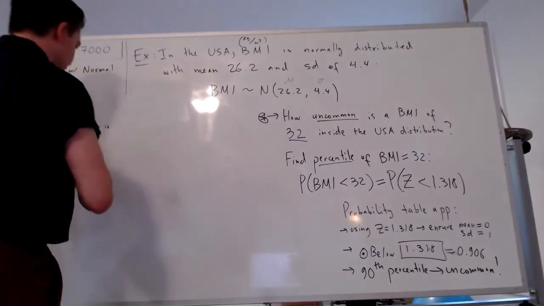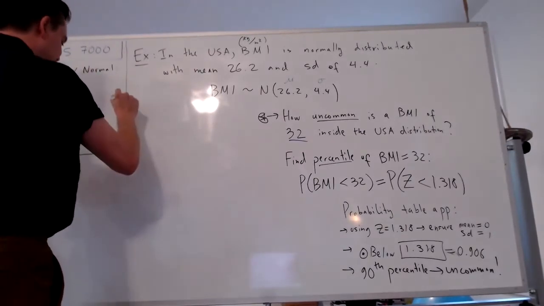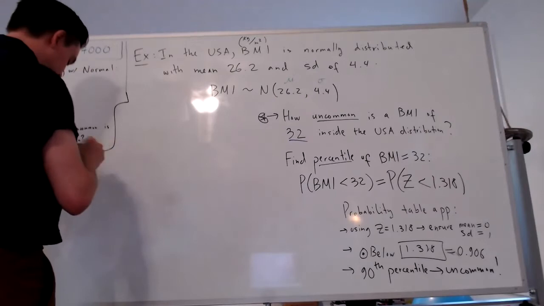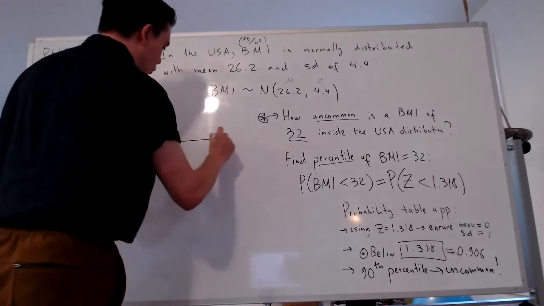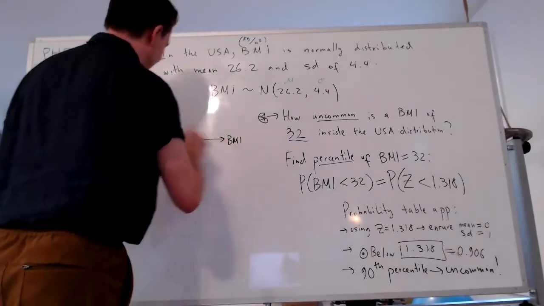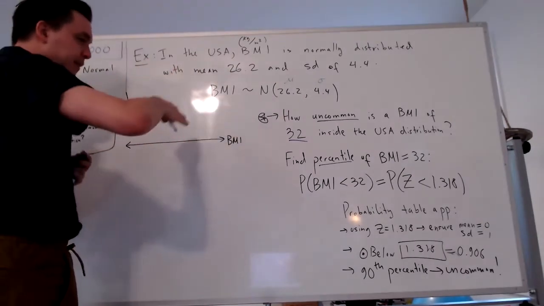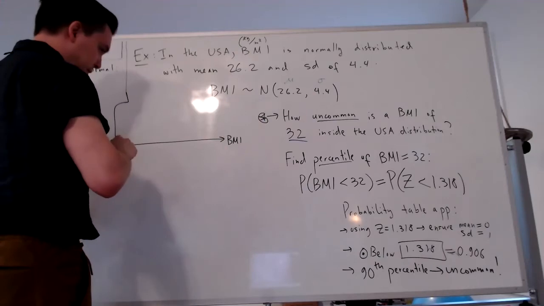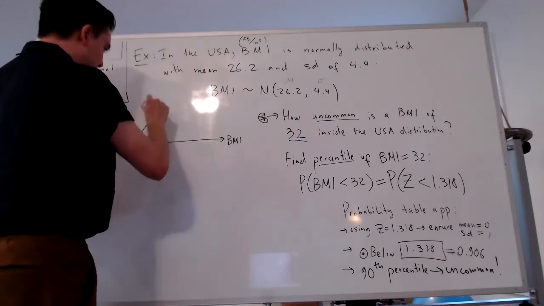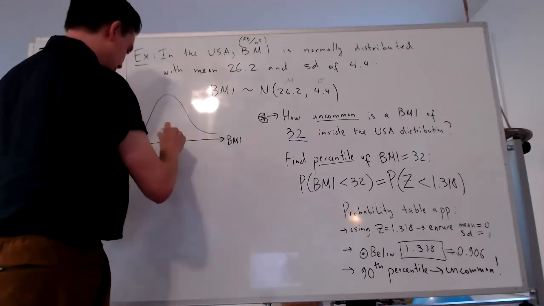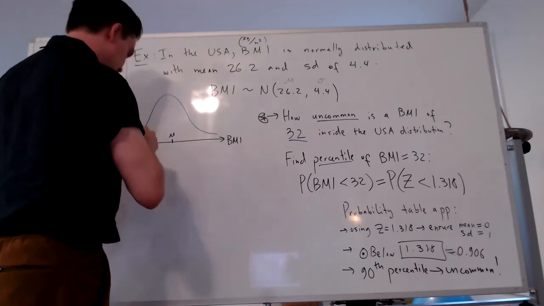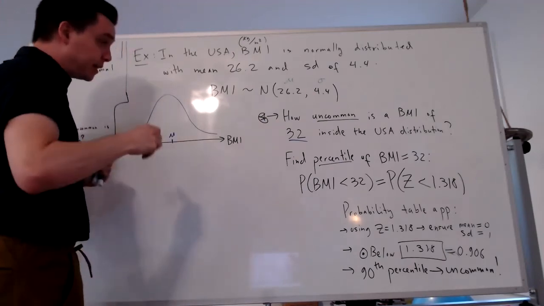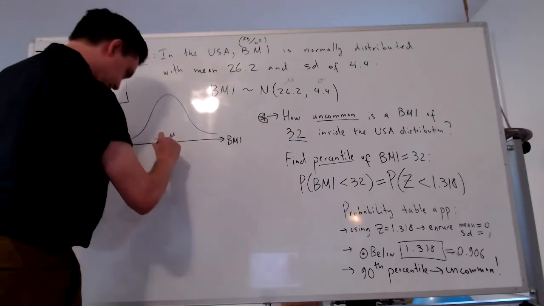So thus far, we have started with an observation and asked the question, well, how common is that observation? So we want observation to probability thus far. What if you go the other way? You go probability to observation.